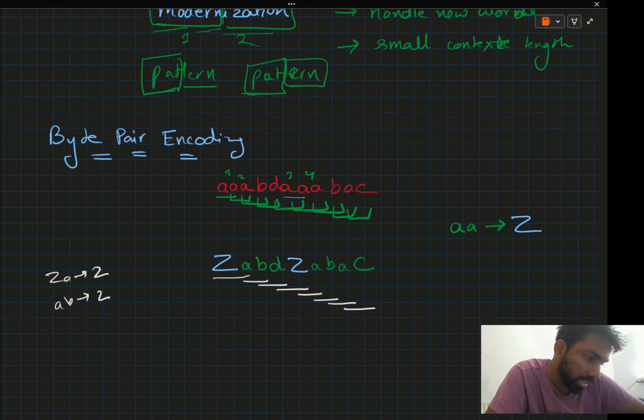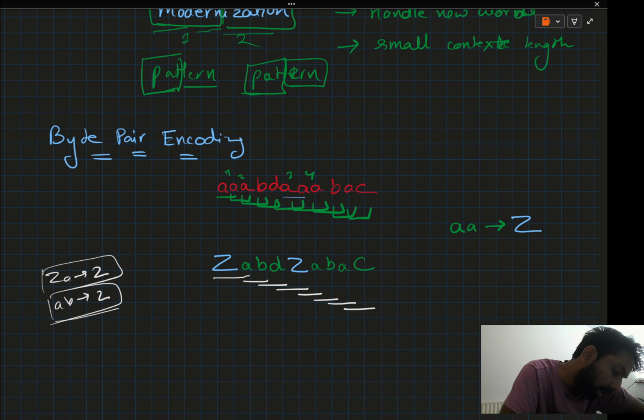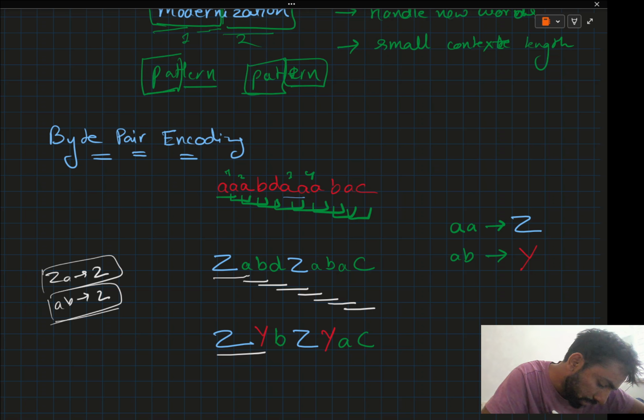We'll replace AB, so in the same dictionary, AB is replaced with, let's say, Y. So now what we have is Z, Y, B, then again Z, then again AB is replaced by Y, then again A, C. Okay, now we'll do the same thing, pairing: ZY, YB, BZ, ZY, YA, AC.